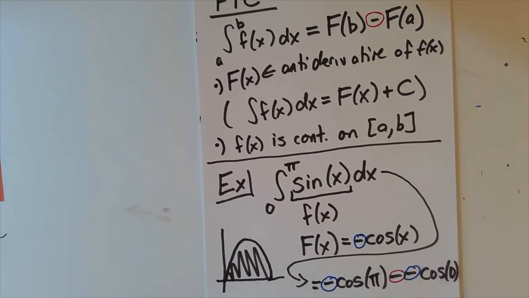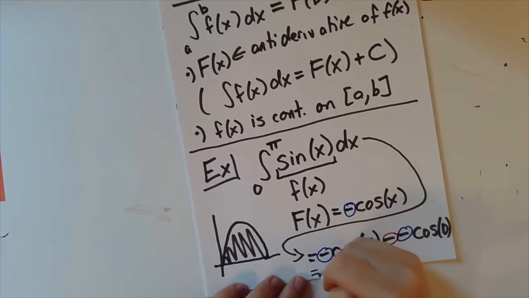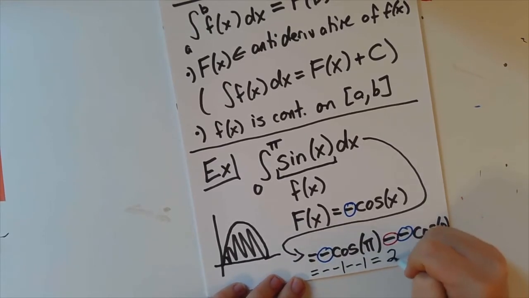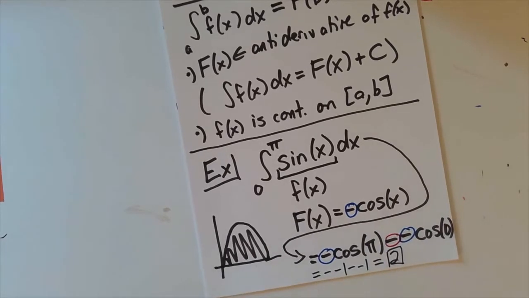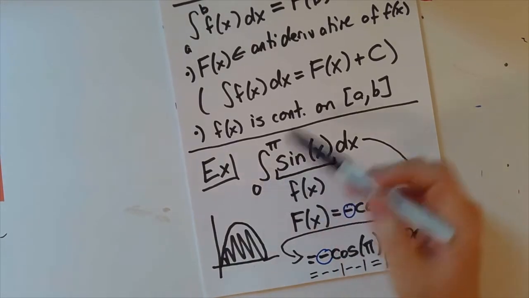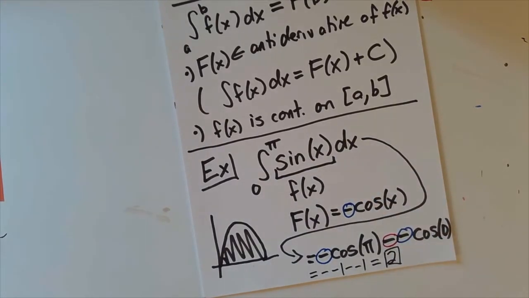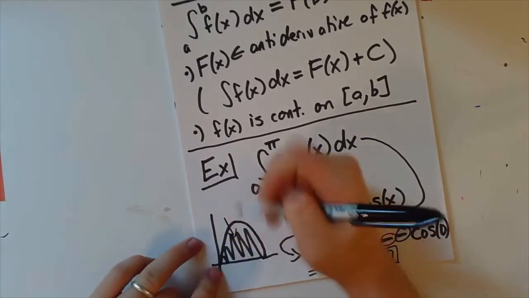But we can go ahead and calculate that, because this works out to be minus 1 minus 1, which is a very complicated way to write 2. So the integral from 0 to pi of sine of x is 2, meaning this area is 2.